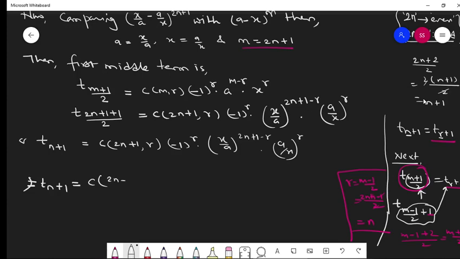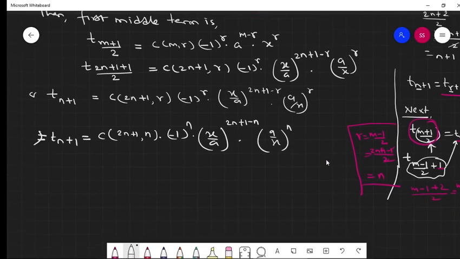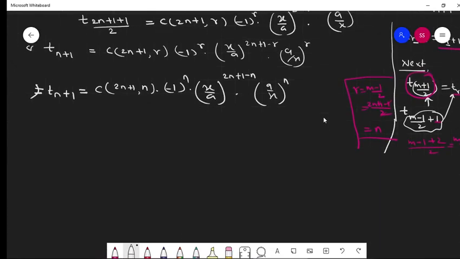C(2n+1, n) (-1)^n, then (x/a) to the power 2n+1-n, because r is n, and (a/x) to the power r, that is n. Then dear students, we have to move to the next step.